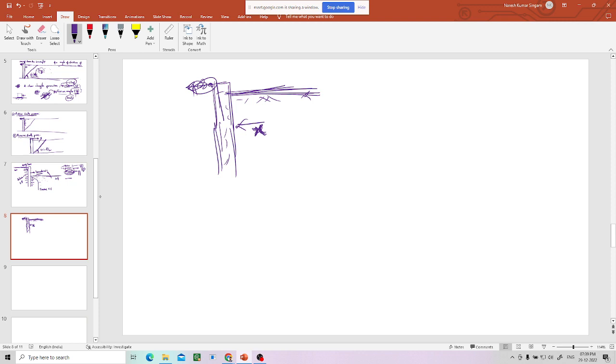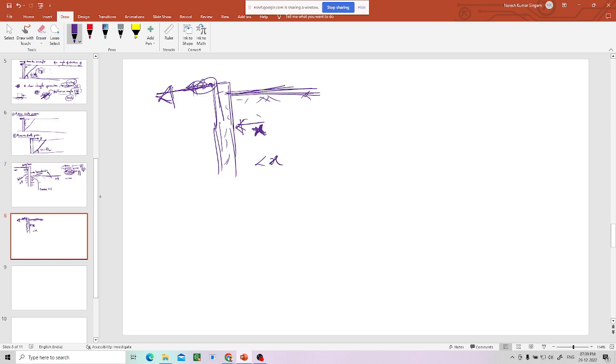So when the wall is not moving anywhere, the pressure exerted by soil is X, let us say. Now the wall is moving in this direction, away from the soil. What happens? The pressure releases, because you are releasing the pressure. So the new pressure will be less than X, obviously.